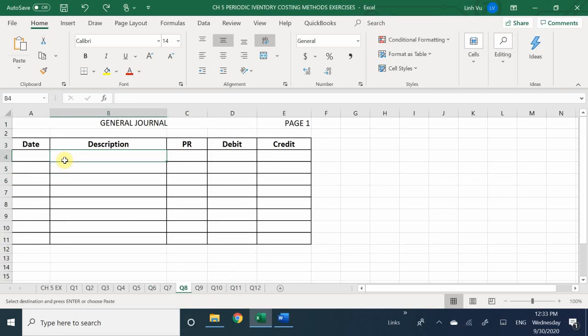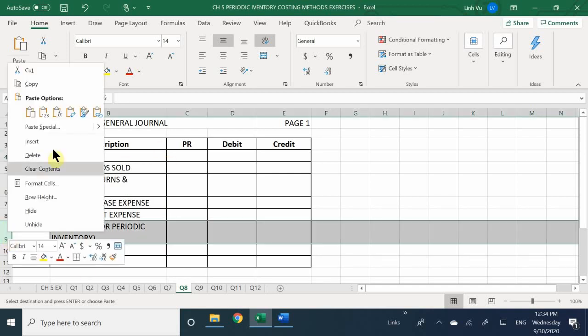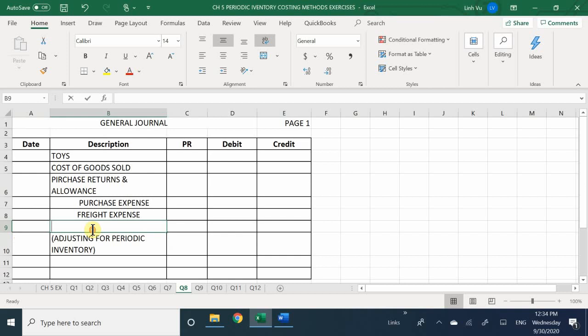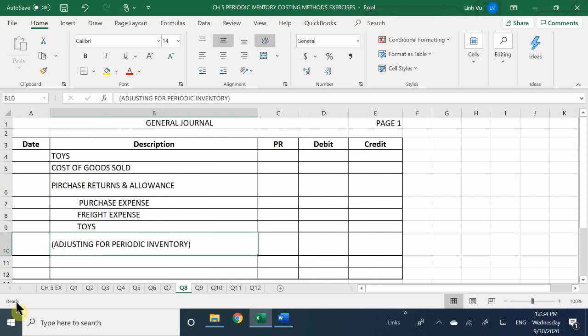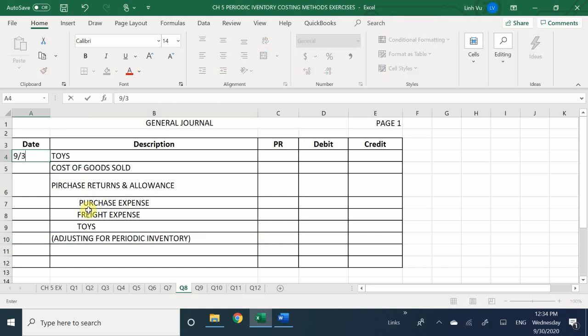They should be the same exact thing. But we have one more thing that we need to add in here, which is our beginning inventory. Okay, so don't forget to have that beginning inventory. Okay, I'm going to open up and expand my worksheet here. So, again, this should be at the end of September, so September 30th.